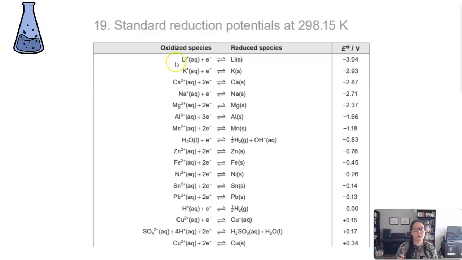You're also going to find that all of these reactions are written so that you have 1 mole of your oxidized species. All of the other numbers can look a little bit funky because it's based off of 1 mole of that oxidized species. So you can see that there is a difference in the number of electrons for each of these. Sometimes you're going to get fractions on the other side of the equation, but it's based on the fact that you have 1 mole of that oxidized species.